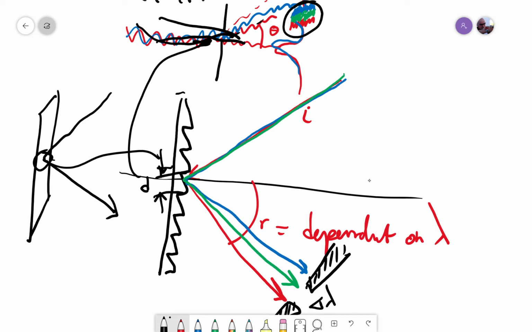What that would look like is that the white light would come in towards this mirror and bounce off, and the reds would come one way, the greens another, so the light bounces off the diffraction grating and creates the diffraction pattern.